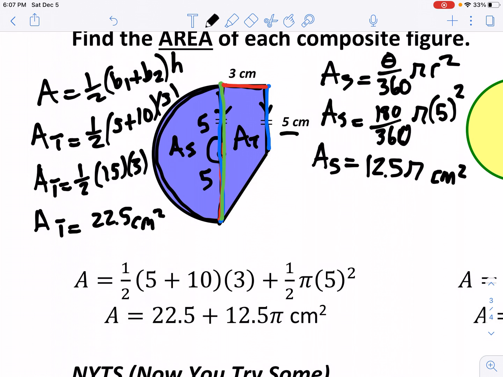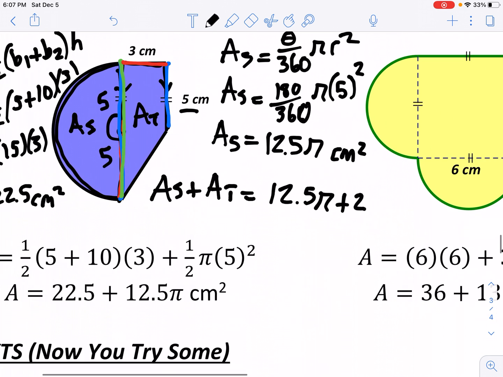Okay, so we have the area of the semicircle and the area of the trapezoid, and what we want to do is add those two together. So we have our AS plus the AT, which is equal to 12.5 pi plus 22.5 centimeters squared, okay?